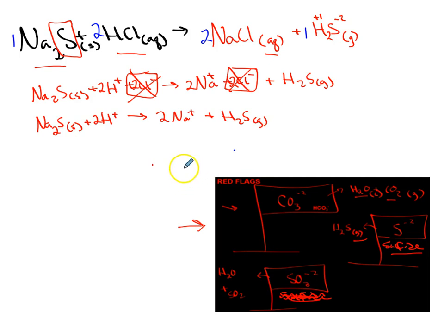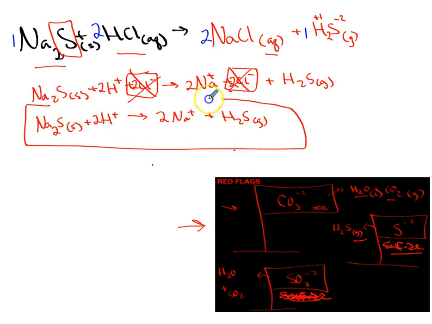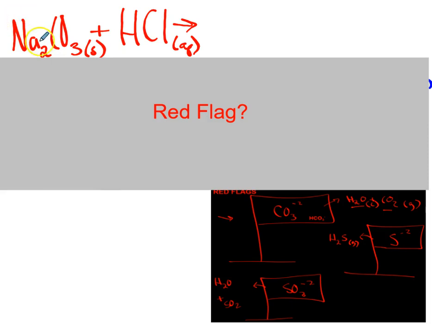All right, then you should double check that it's balanced. 2 Na's, 2 Na's, 2 H's, 2 H's. And this would be the net ionic equation for this gas-forming acid-base reaction.